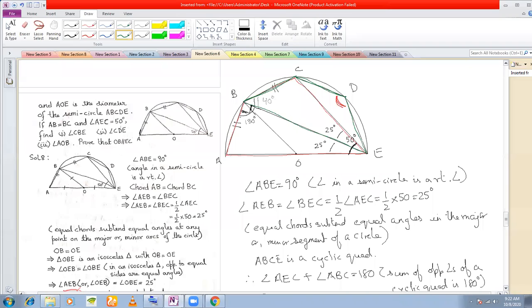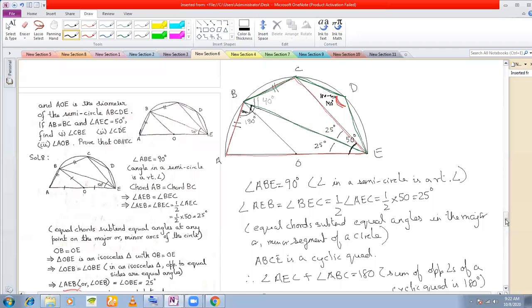You all agree? Cyclic quadrilateral in which you know one interior angle. I just found out 40 degrees. So what should be this red angle? 180 minus 40, which is 140.